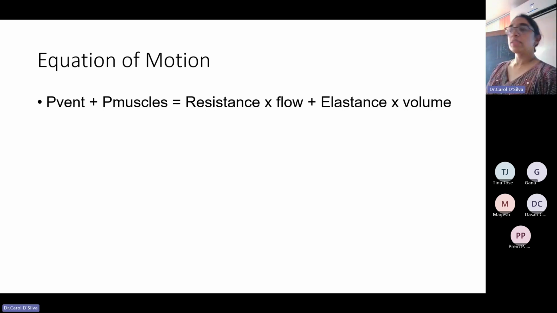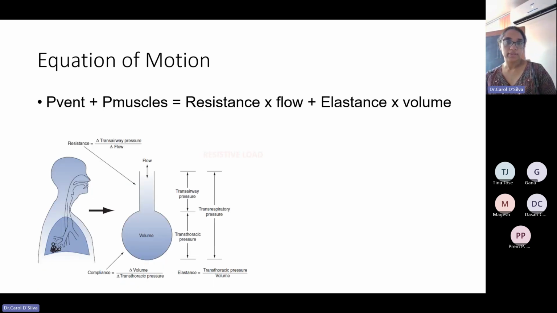So this is your equation of motion: the pressure required to overcome the straw and the pressure required to overcome the recoil forces of the balloon. It is given by resistance into flow plus elastance, or 1 by compliance, into volume.